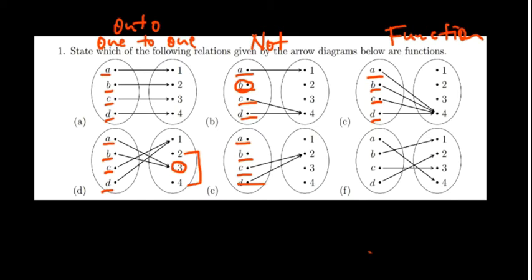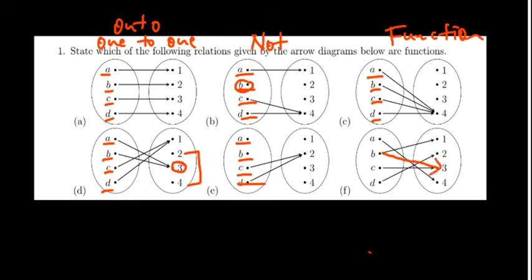Then the last one, A is mapped to 4, B is mapped to 1, C is mapped to 3, D is mapped to 2. So this is also an onto function, one-to-one function. So at least every input is mapped to something in the output. And we don't have a case where an input is mapped to 2 things. If we can have B mapped to 2 different things, then it is not a function.